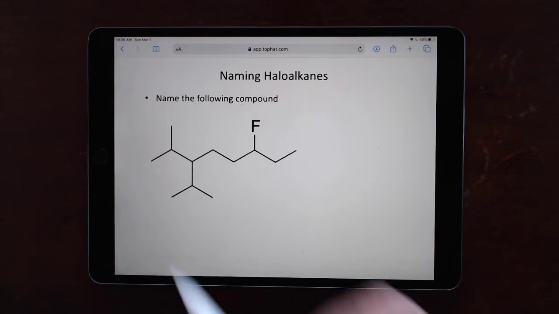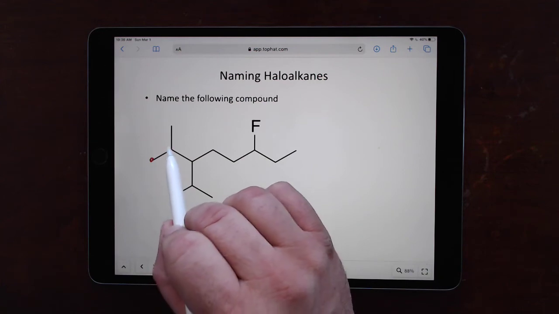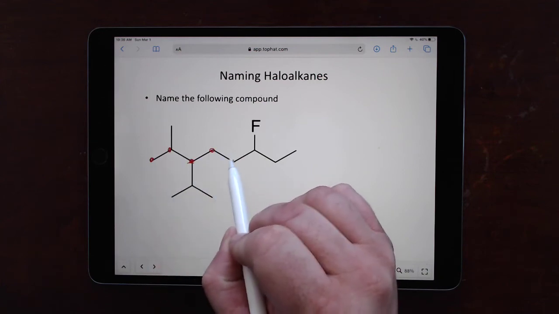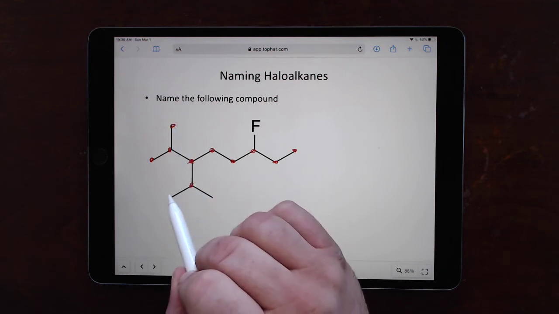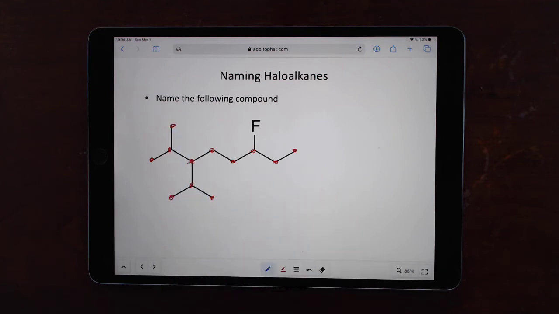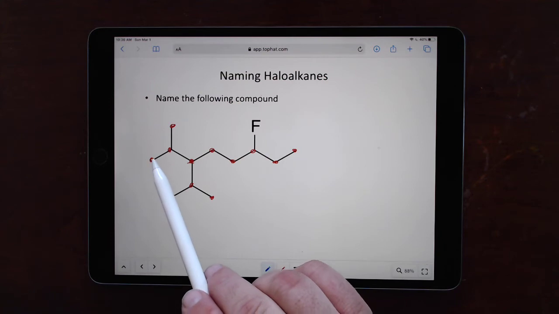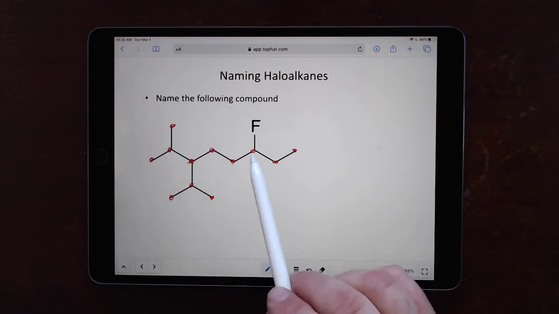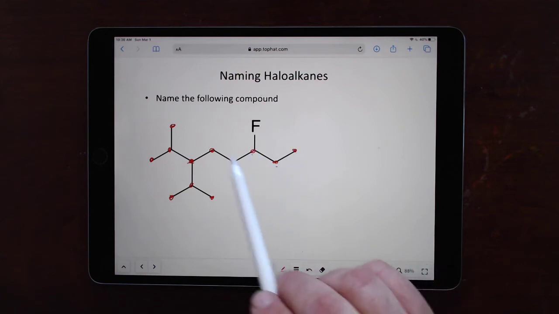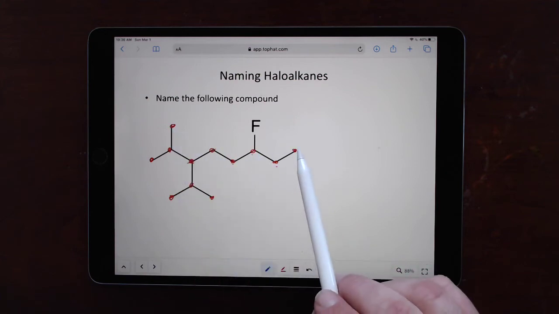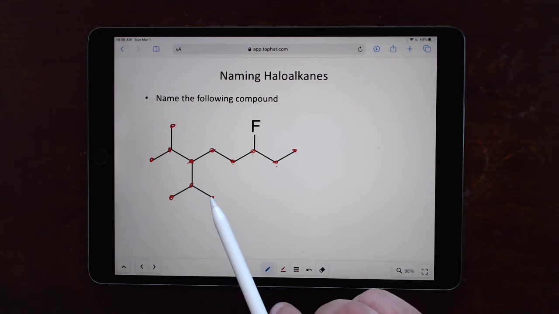Okay, so if we had this one, let's put in our carbons. If we did the main chain, the horizontal, it would be 1, 2, 3, 4, 5, 6, 7, 8. If we went down the side chains, it's 1, 2, 3, 4, 5, 6, 7, 8, or we did 1, 2, 3, 4, 5, 6, 7, 8.